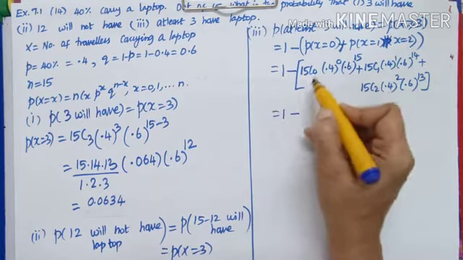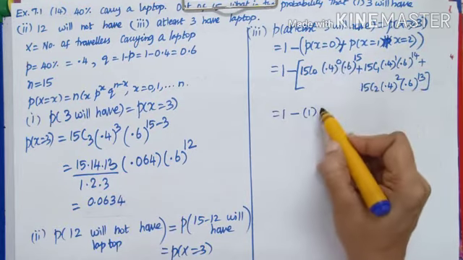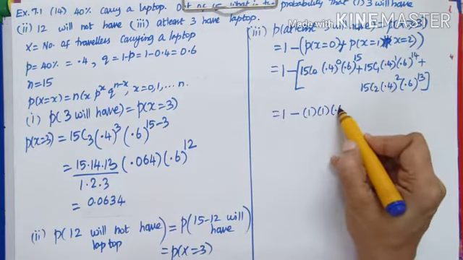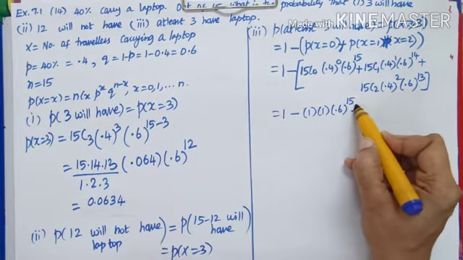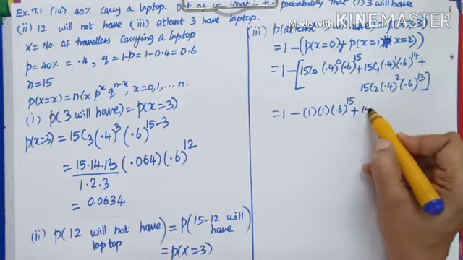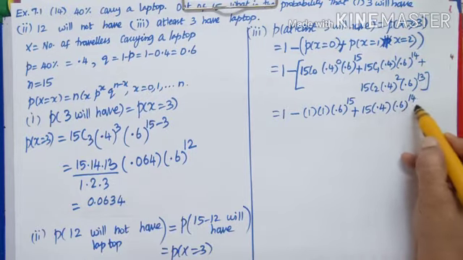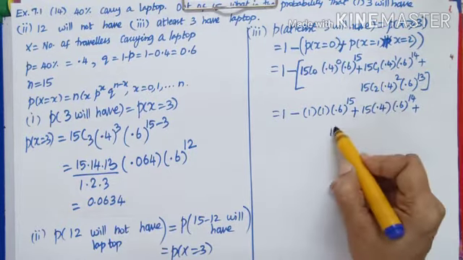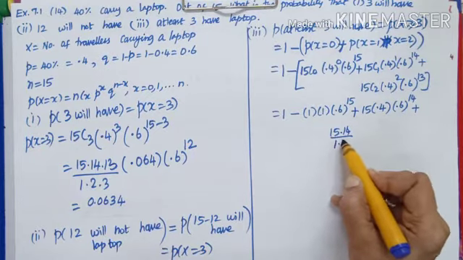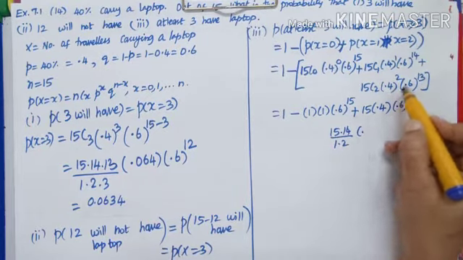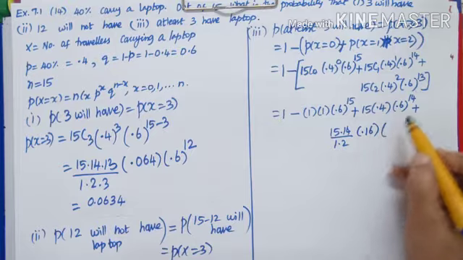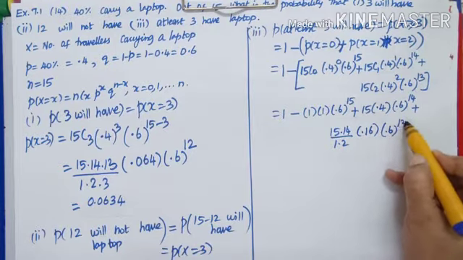Again, 15 C 0 value is 1. 0.4 power 0 is also 1. Find out 0.6 power 15. 15 C 1 is 15, 0.4, 0.6 power 14, plus 15 C 2, that is 15 into 14 by 1 into 2, 0.4 square is 0.16, 0.6 power 13.